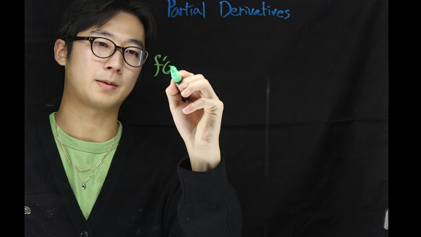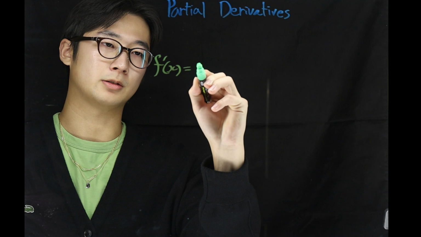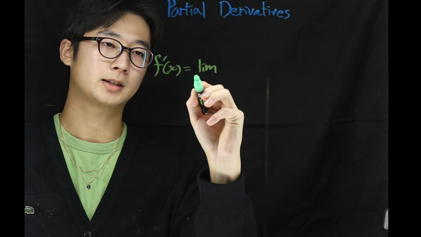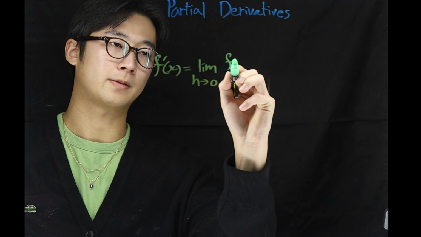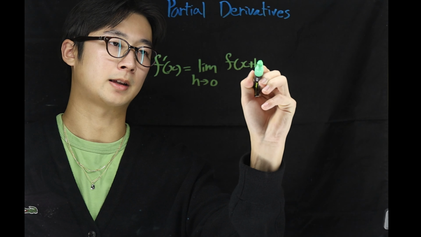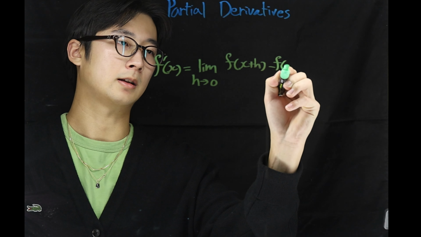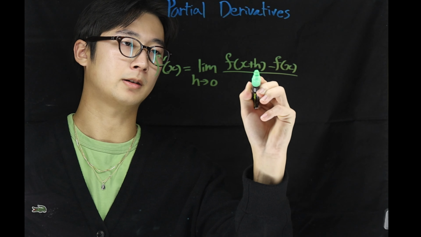f prime of x is equal to the limit as h approaches 0 of f of x plus h minus f of x over h.